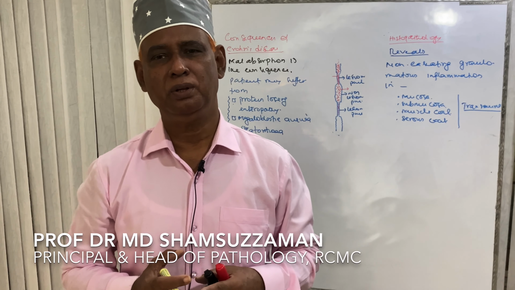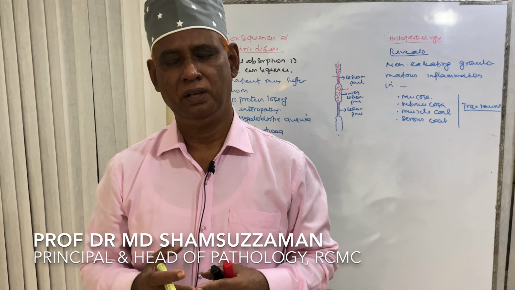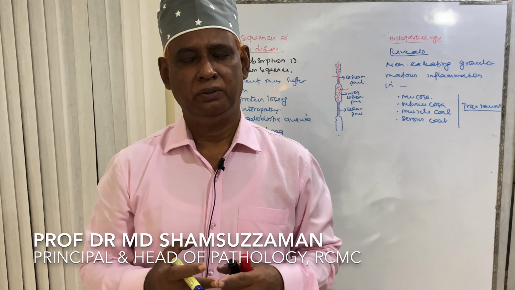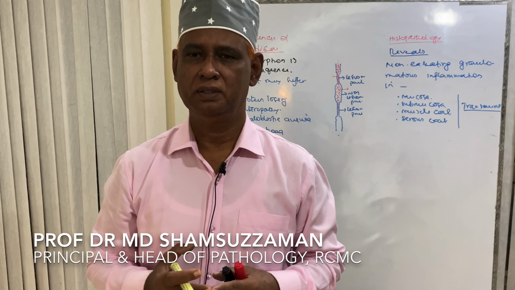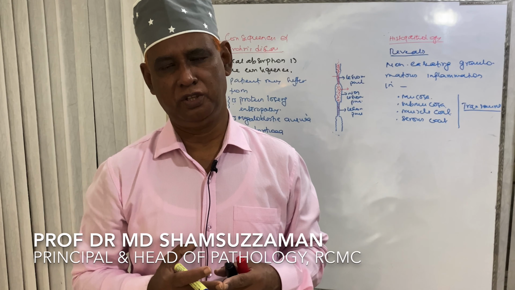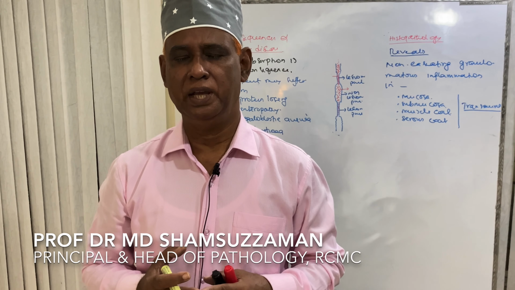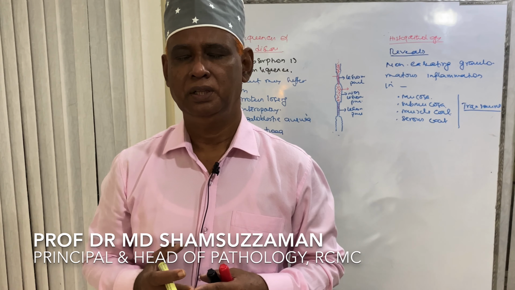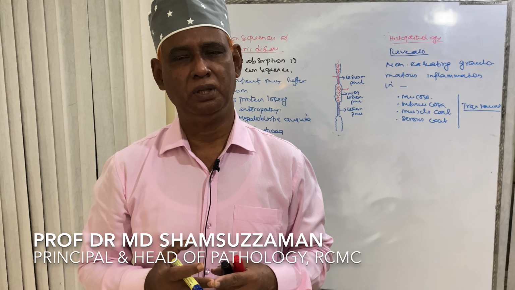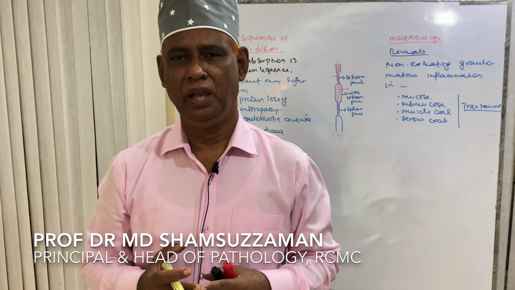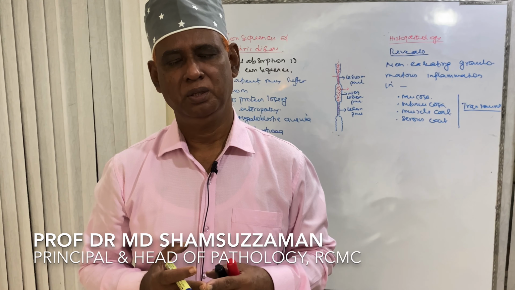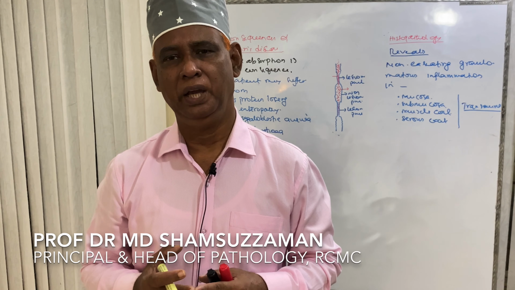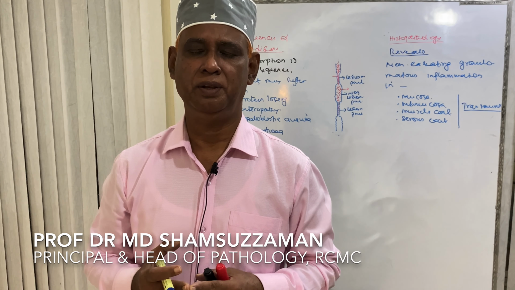On gross examination, there is skip lesion, that is, lesional part is followed by non-lesional part. The lesional part becomes hard and inflexible, and it looks like lead pipe or rubber hose. There is a string sign. In the affected part, the lumen of the intestine becomes very narrow, and barium meal X-ray reveals a thin stream of barium in the narrow lumen of the affected part, and it looks like a string, the string sign.